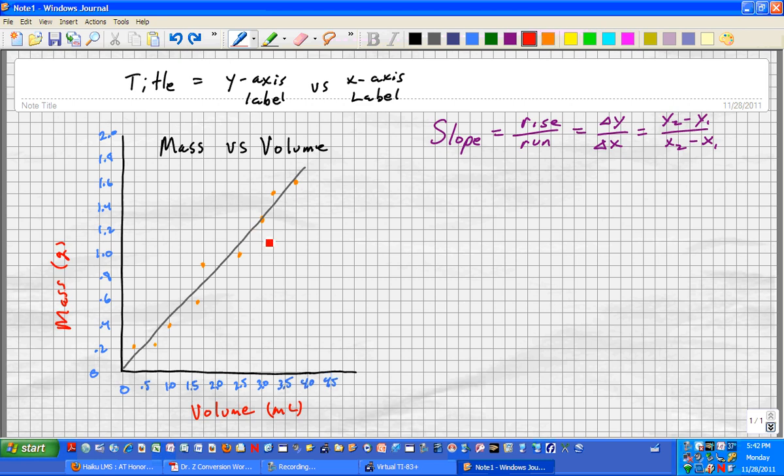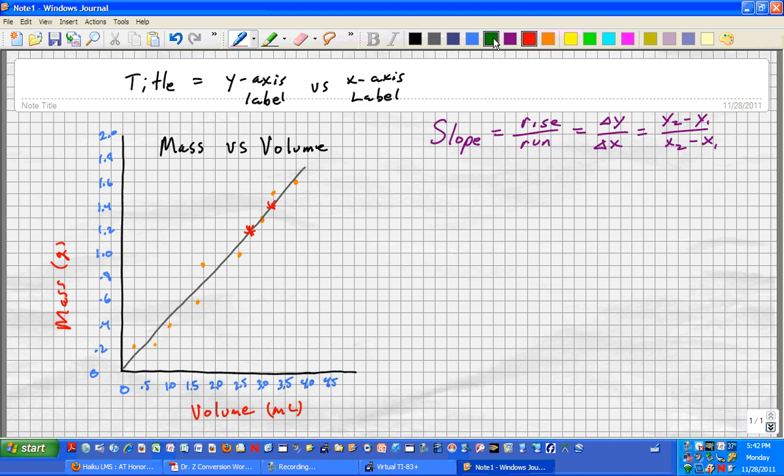What I'm going to do is choose 2 points, stuff that's easy to read. This one crosses a nice intersection here, so I'm going to use that point there. And let me find another one that kind of crosses nicely somewhere. Not seeing much. This is not good. Oh, it's kind of close, but I guess I'll use that one. I'd rather use something further apart, but those are the 2 easiest ones to read.